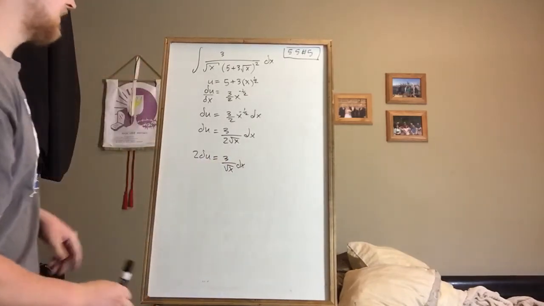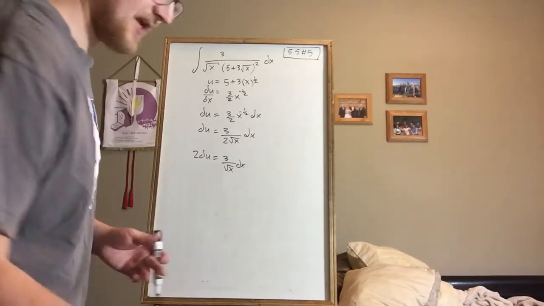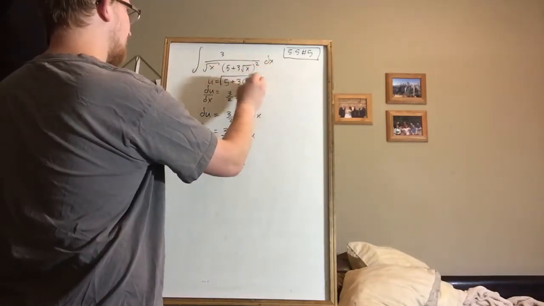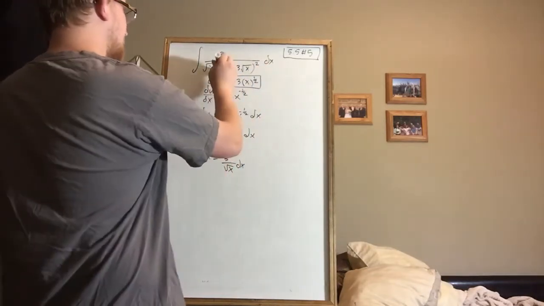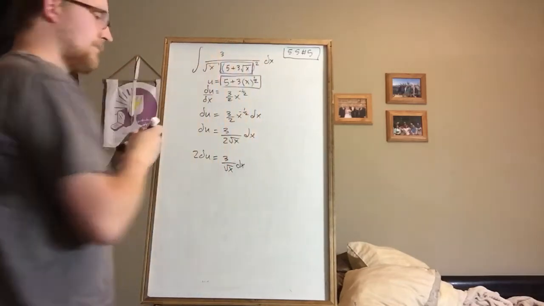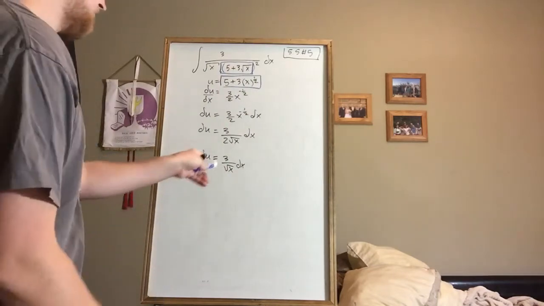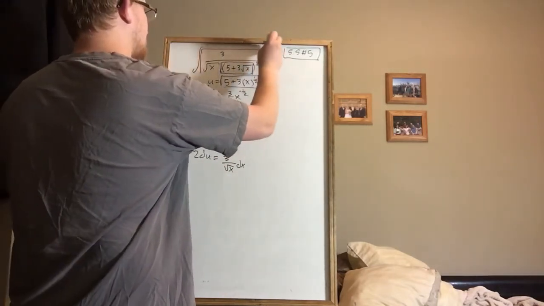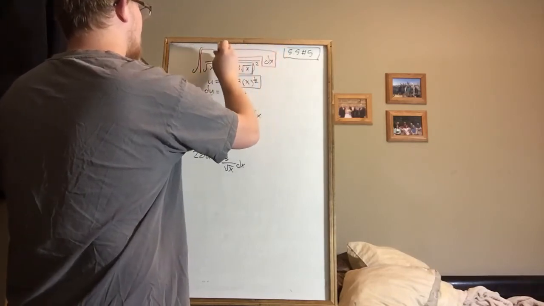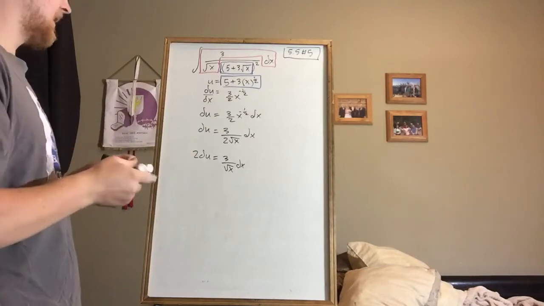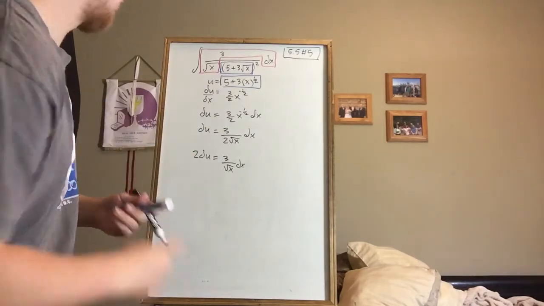Now what we're going to say is, okay, our u we picked as 5 plus 3x to the 1 half. So this is our u right there. And now we're looking for our du. Well, our du is this part right here, because it includes the dx and the 3 over root x. Then we're going to do our substitution.